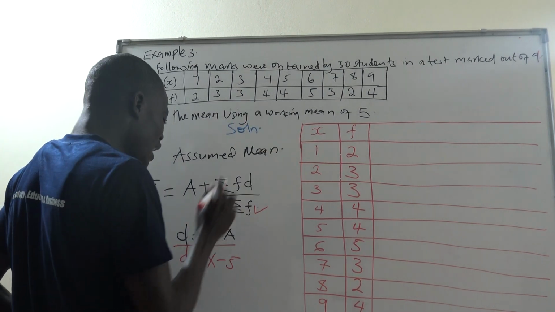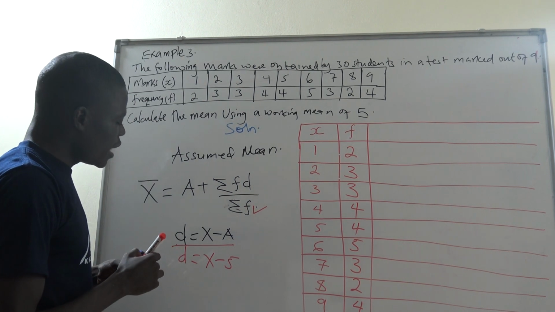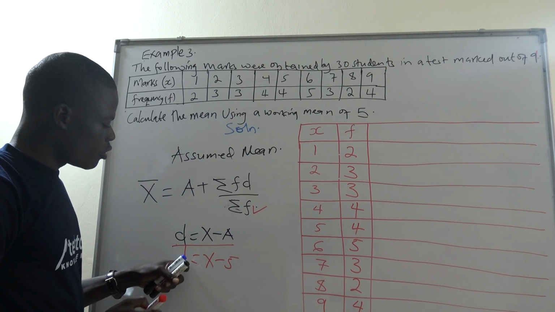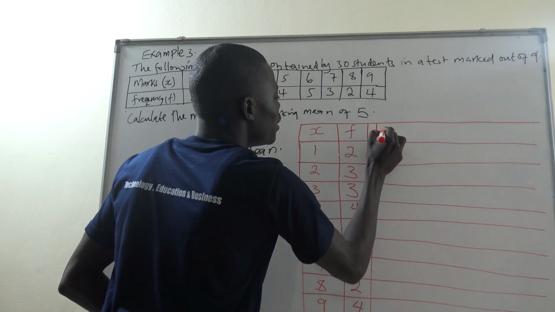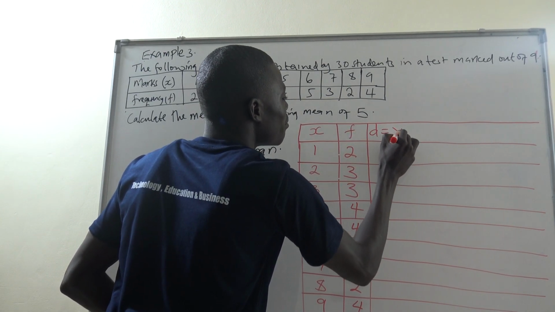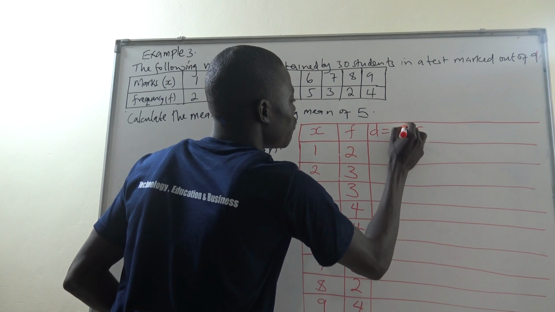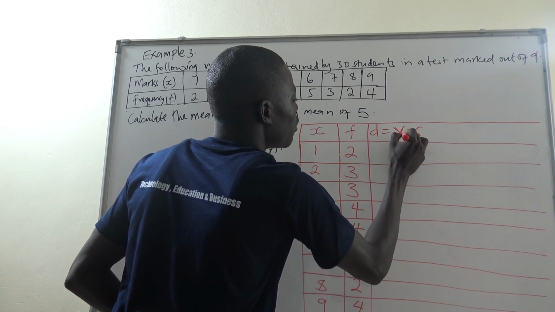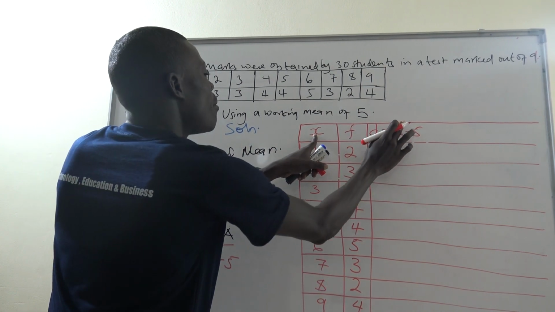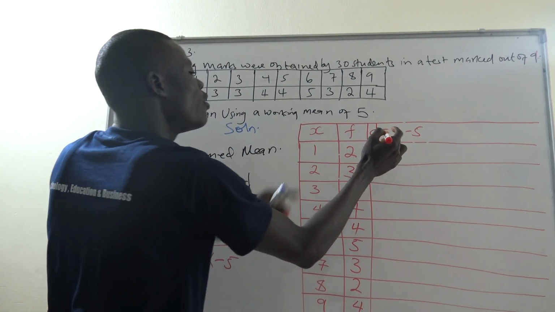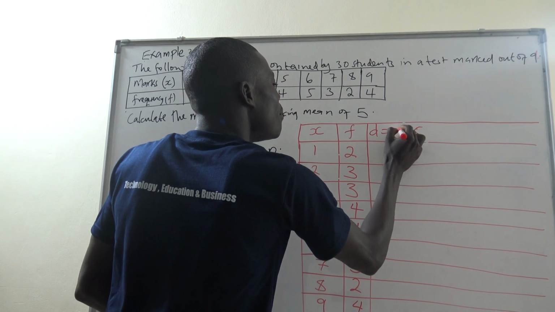So the next column will be for deviation D, which is given by x minus 5. This deviation is given by variable x minus the working mean or the assumed mean.